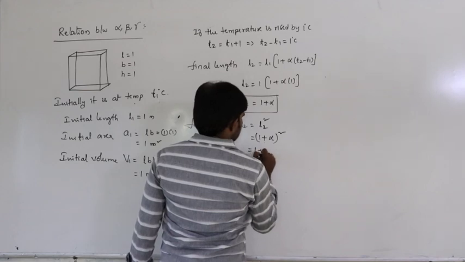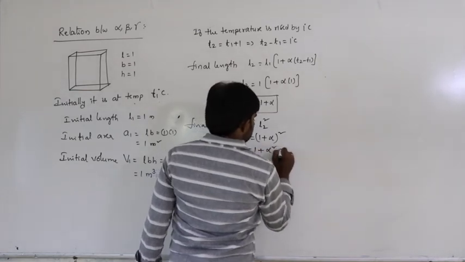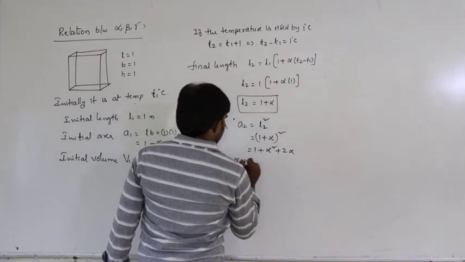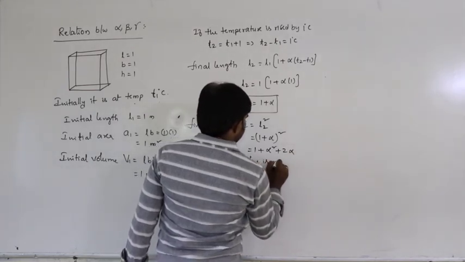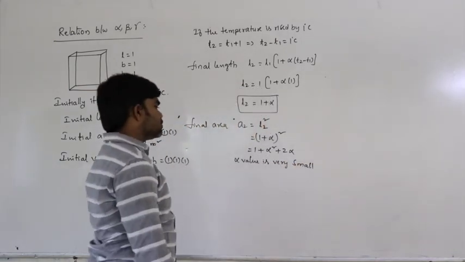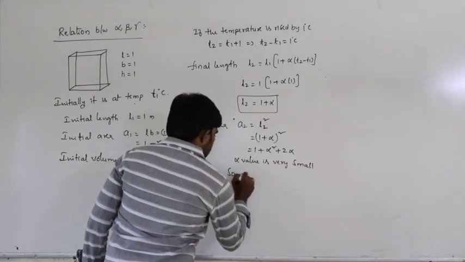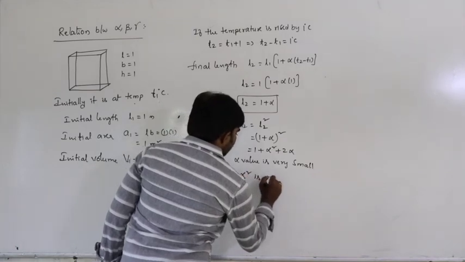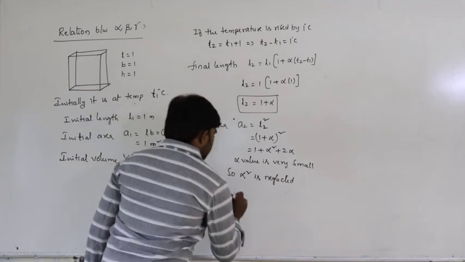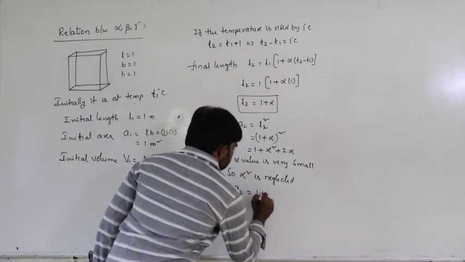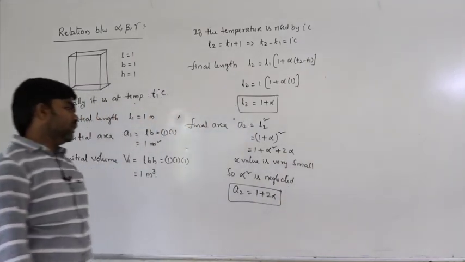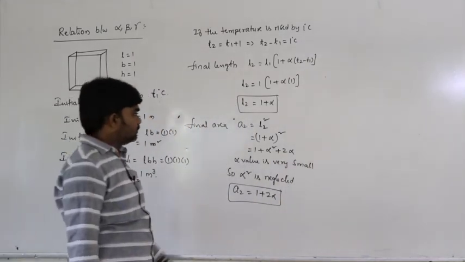A plus B whole square: 1 plus alpha square plus 2 alpha. Alpha value is very small, so alpha square is neglected. We are not considering the alpha square value. Therefore A2 is equal to 1 plus 2 alpha.